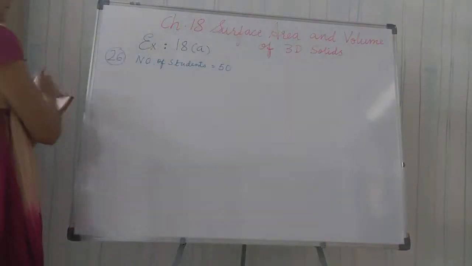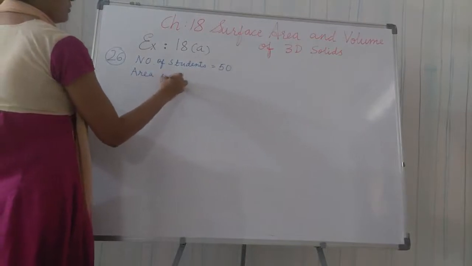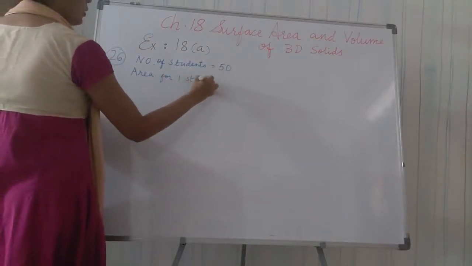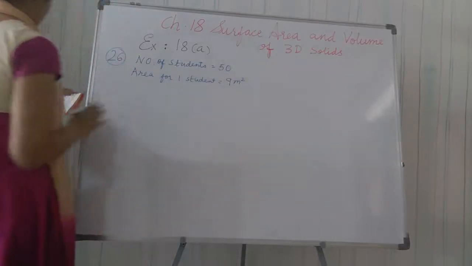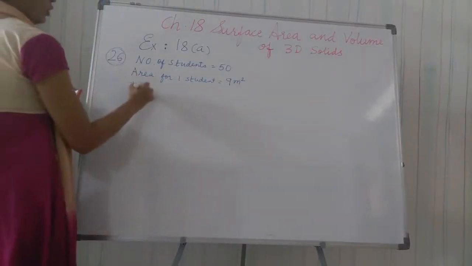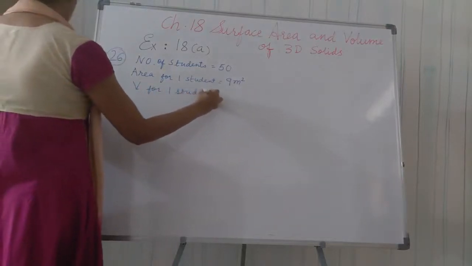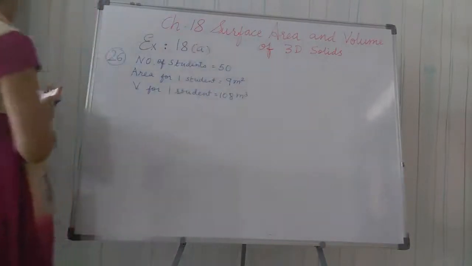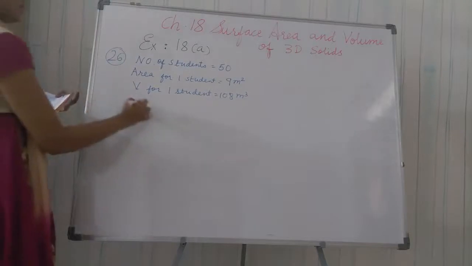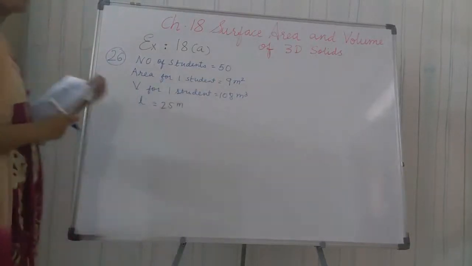Then the area required for one student is equal to 9 meter square, and volume for one student is equal to 108 meter cube. Also the length of the room is 25 meter. So what we want to find is the breadth and the height of the room.